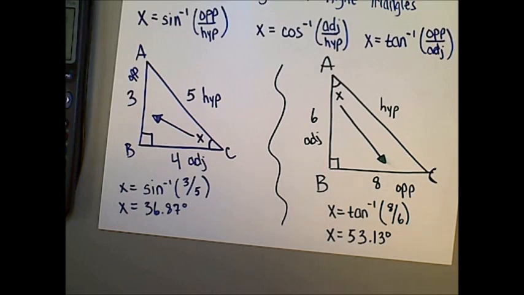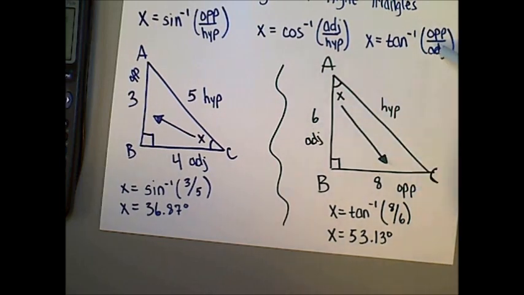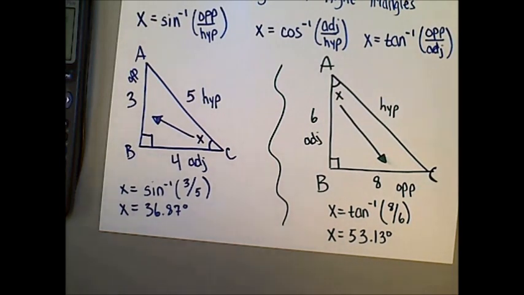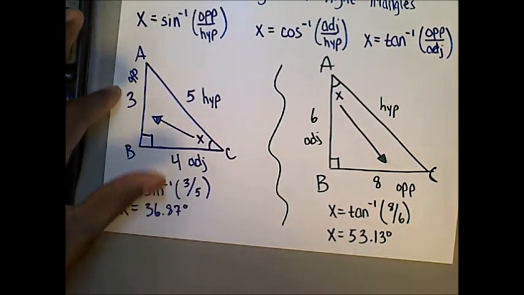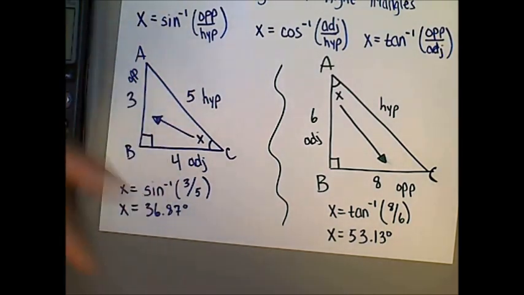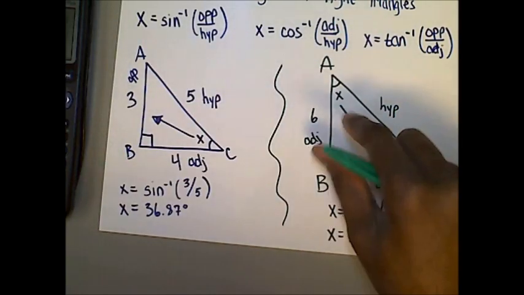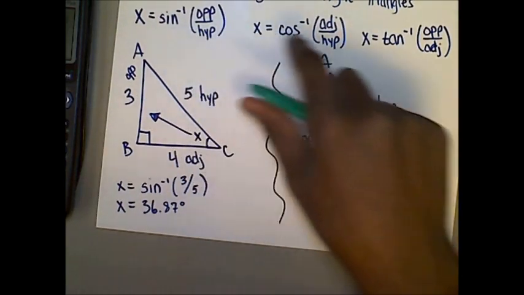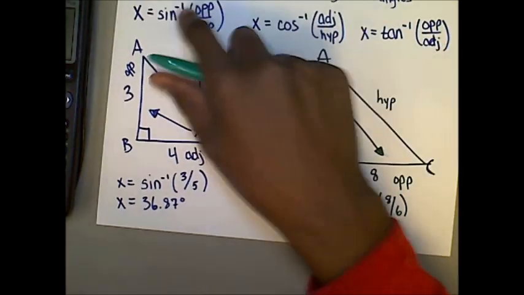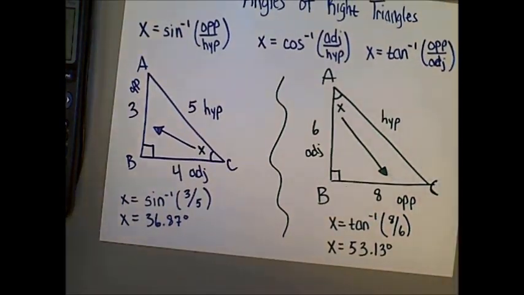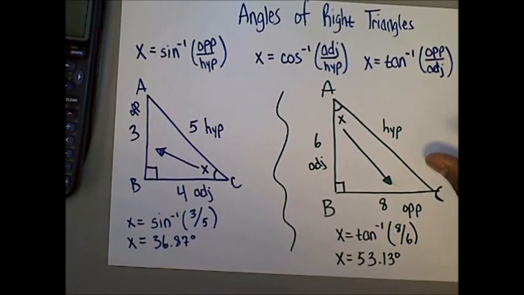Okay? But because I was only given adjacent and opposite, I used the tan inverse. So remember that when you're trying to find a side, you use regular sine, regular cosine, regular tangent. But when you're trying to find the measure of an angle, you use sine, cosine, or tan inverse, that -1 exponent. All right? And that's it.